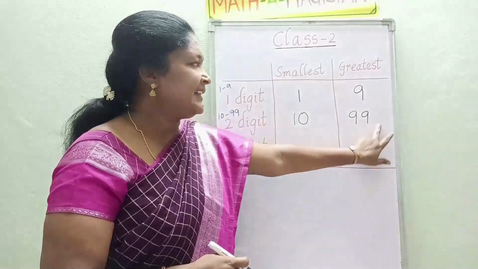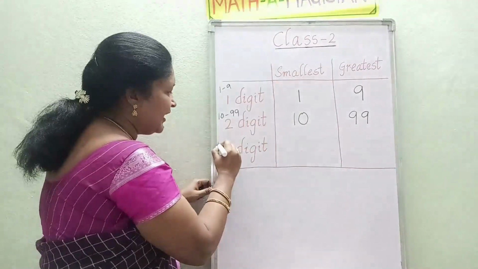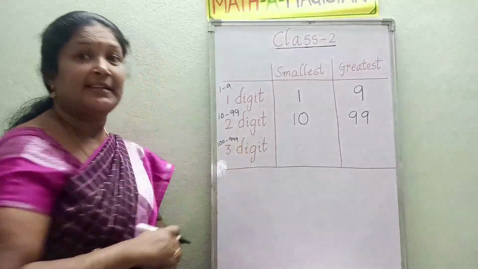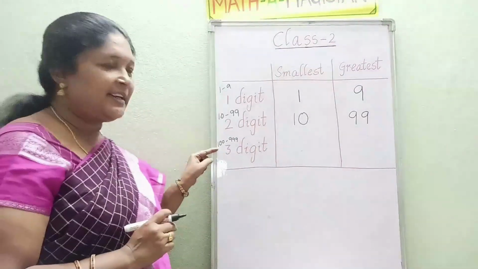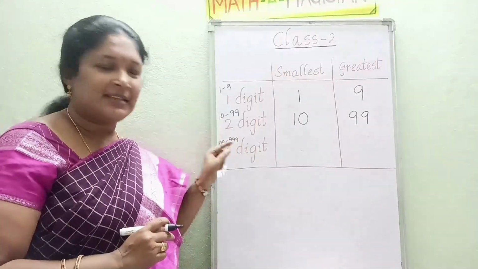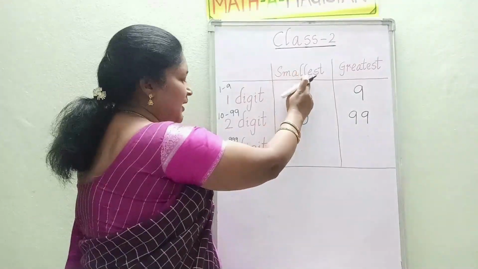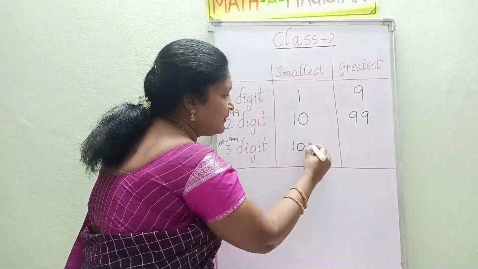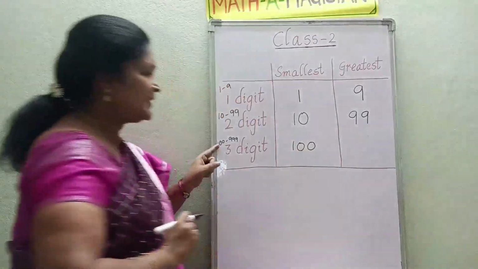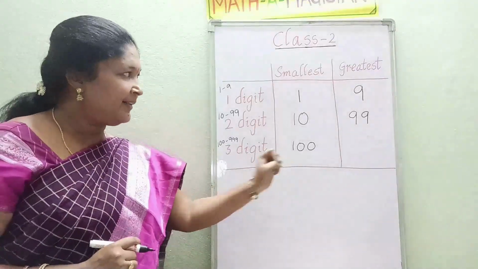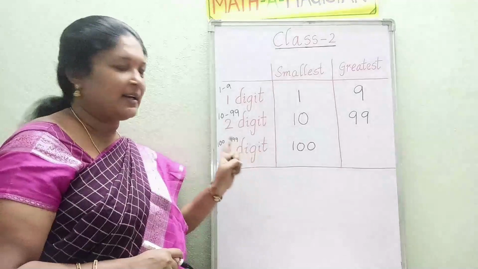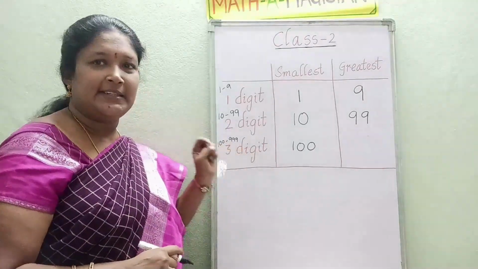So 3 digit numbers are from 100 to 999. So smallest 3 digit number is 100. What is the smallest 3 digit number? 100. And what is the greatest 3 digit number? 999.